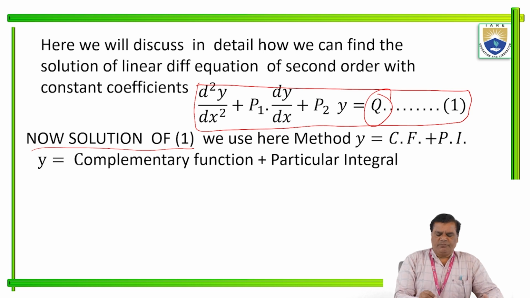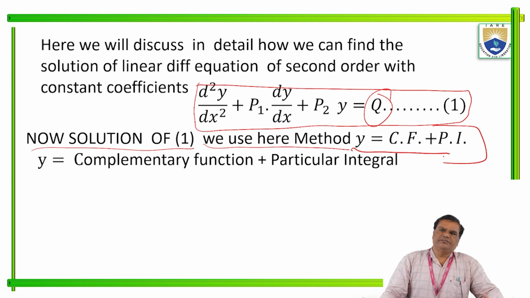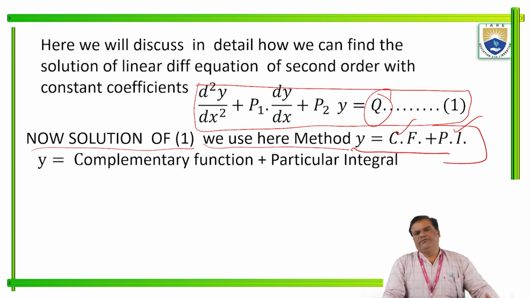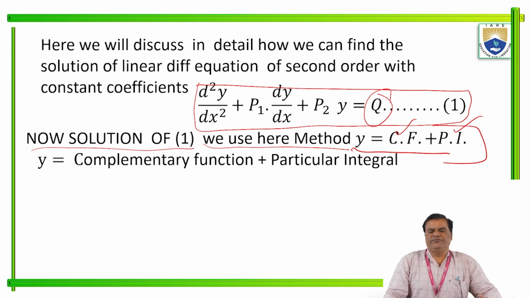Here we use the method y is equal to CF plus PI. This is the main method: y is equal to CF plus PI, where CF is the complementary function and PI is the particular integral. So the solution of a linear differential equation with constant coefficient has two parts: the first part is the complementary function and the second part is the particular integral.